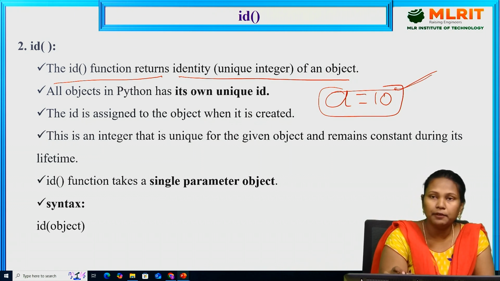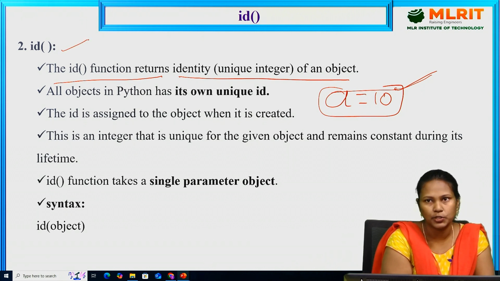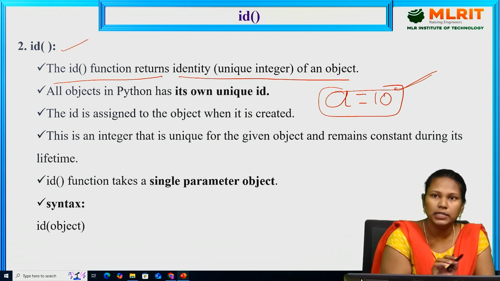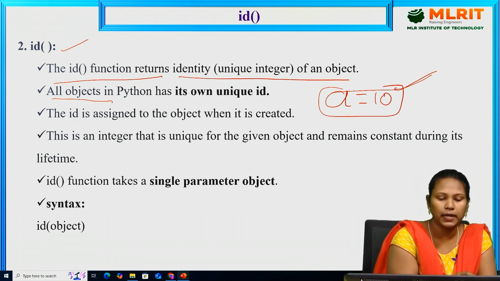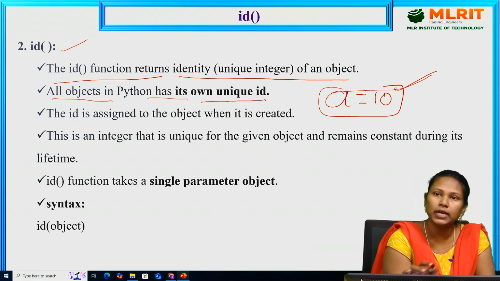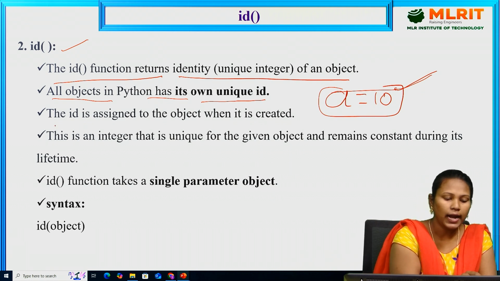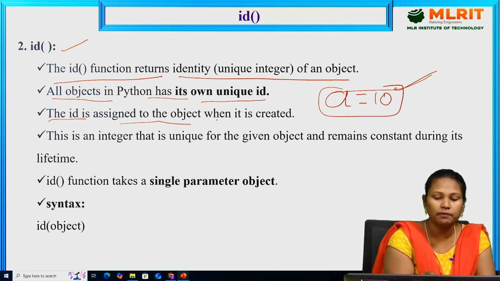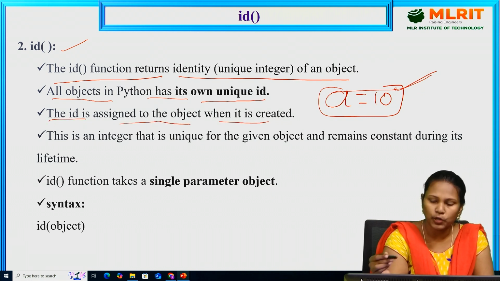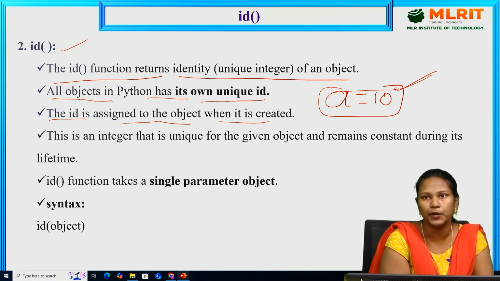If you want to print that id, we use the id built-in function. It displays the address of the variable. All objects in Python have their own unique id. The id is assigned to the object when it is created, whenever you declare the variable.